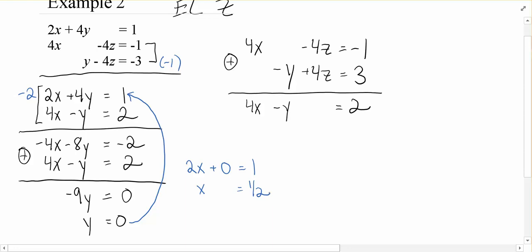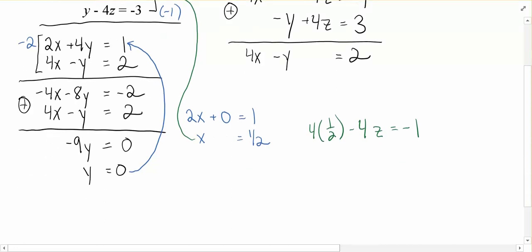We have x and y already. So we look back to the original problem and look anywhere up there for a z and plug in the necessary variables to solve for it. So I'm going to go back to the original second equation where we had 4 times x minus 4 times z equals -1. 4 times 1/2 is 2.